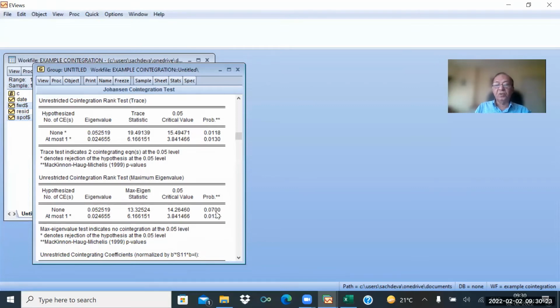Its value is more than 0.05. We cannot reject the null hypothesis, so it says there is no cointegration. But when we go to the second cointegration equation, it says there is more than one cointegration. So this result confuses us. Nothing to worry.